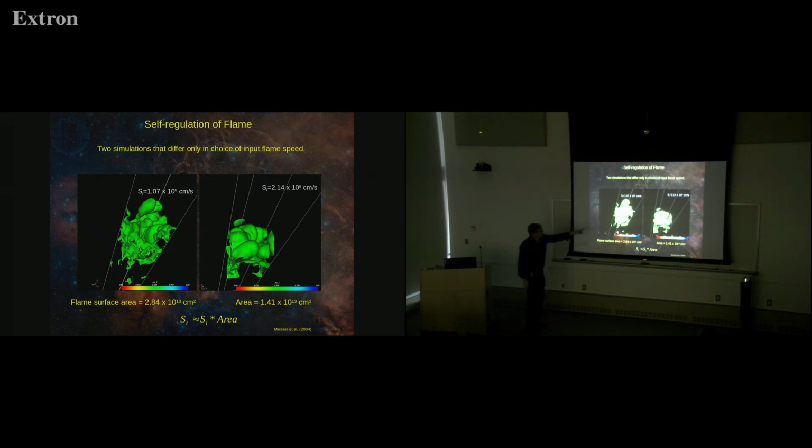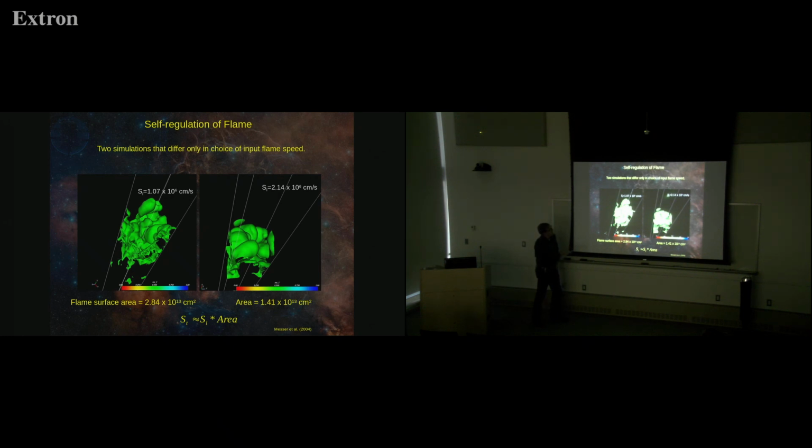These are two simulations. In this case, it's a model flame, but they represent the physical flame. It's just a flame burning through a channel, and this is an isosurface that marks where the reaction is actually going on. In this case, the flame speed that you specify for the simulation is 1 × 10⁶ centimeters per second.